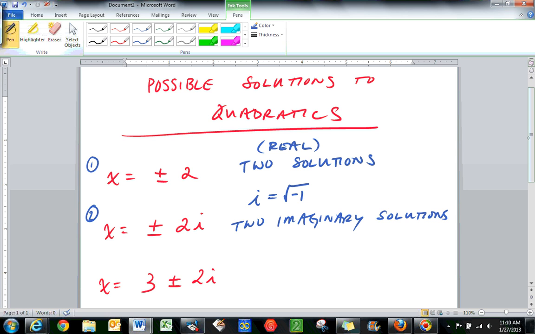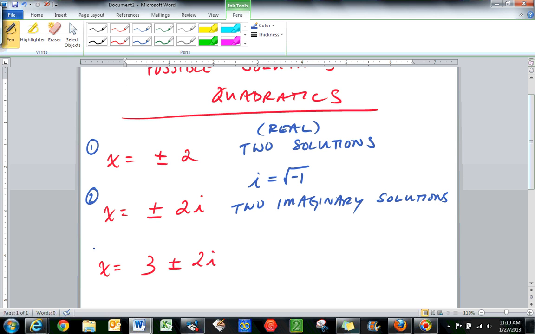Then as we move through this, we should recognize that there's actually a third possible way for our final answer to look. In this case, we have the imaginary part of the answer, but then we also have this real number sitting out in front of it, and the real number is being added to the imaginary part, which, since those are not like terms, can't actually be put together.